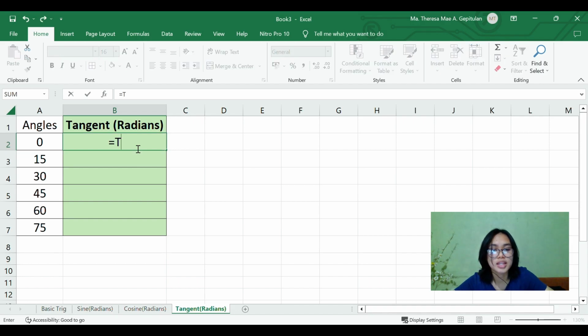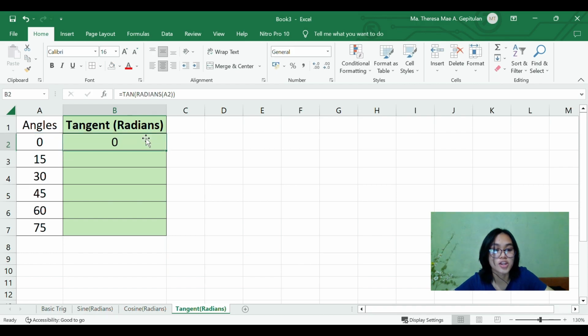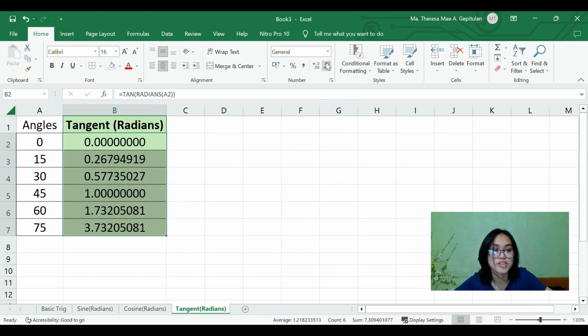We will input equals TAN, open parenthesis, RADIANS, open parenthesis, you choose the degree number, and then close parenthesis for radians, and then another close parenthesis for tangent. Then there we go. We have the value for tangent directly in radian form.